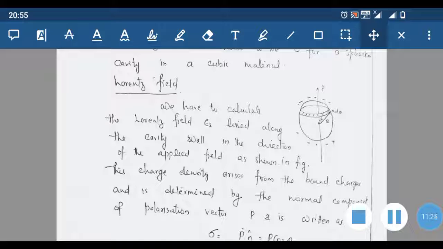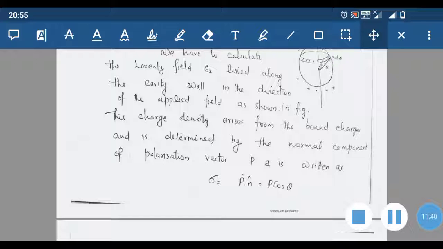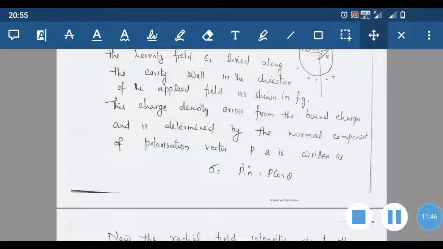Then we have to calculate this Lorentz field, which is because of the presence of the charges on the surface of the spherical cavity. This charge density arises from the bound charges and is determined by the normal component of the polarization vector, written as sigma equal to P dot n. That is the surface charge density.